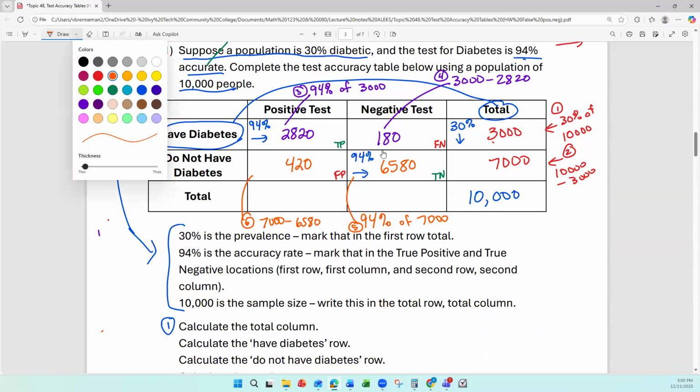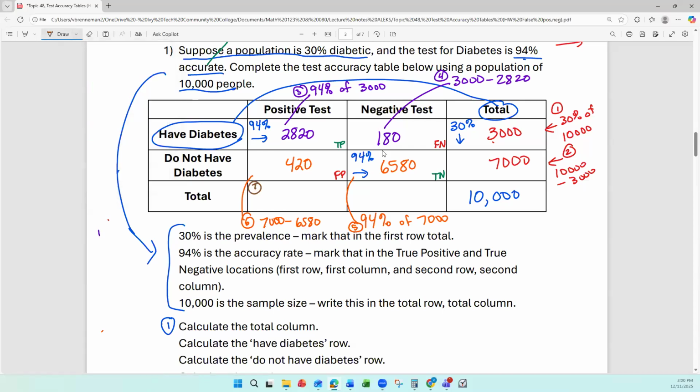Right, and so the last thing to do here is to add up the columns. So this is 3,240. And then 180 plus 6,580 is 6,760.